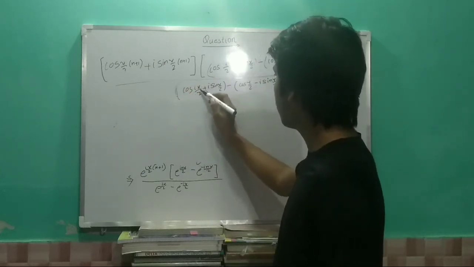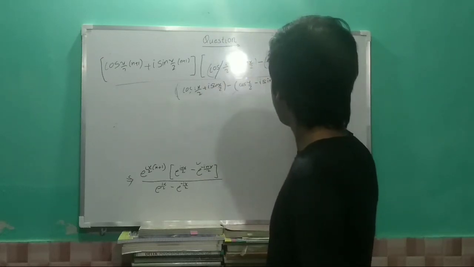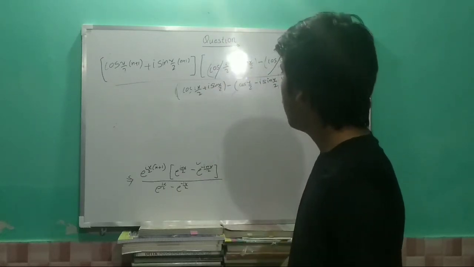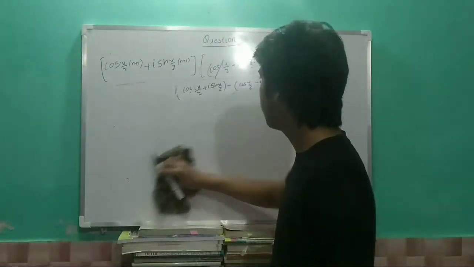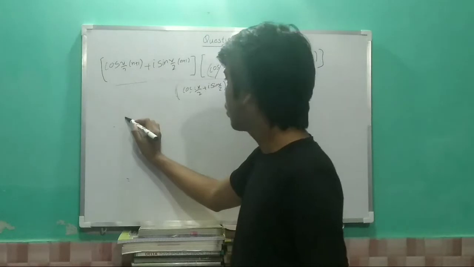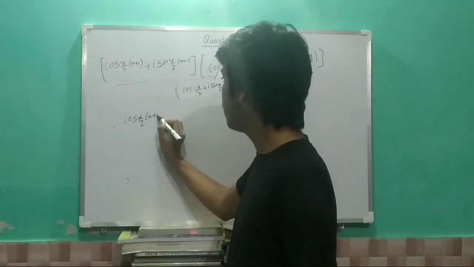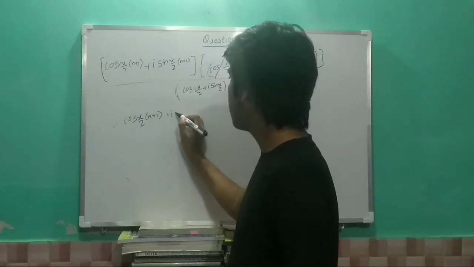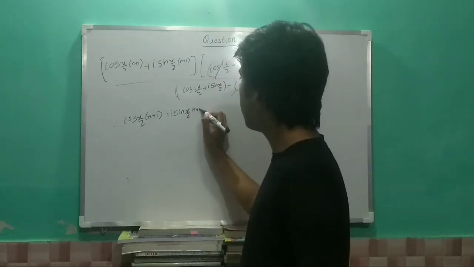So here cos cancels, cos cancels, and let us write the remaining one. Cos x by 2 (n plus 1) plus I sin x by 2 (n plus 1).